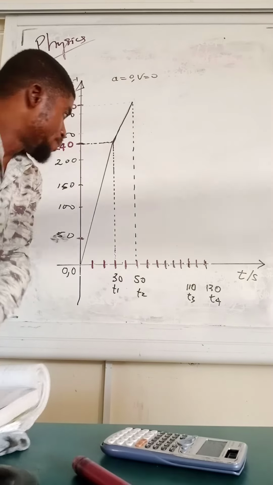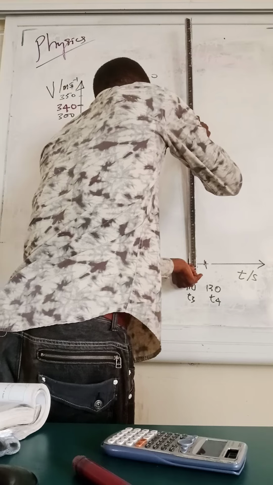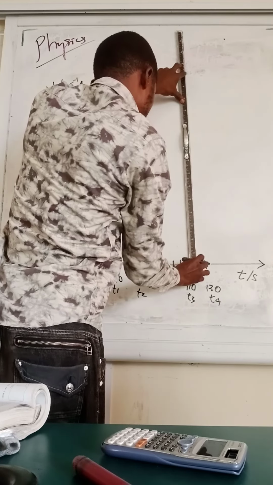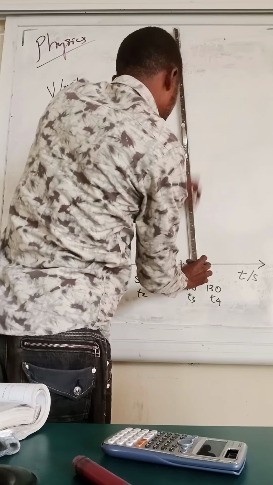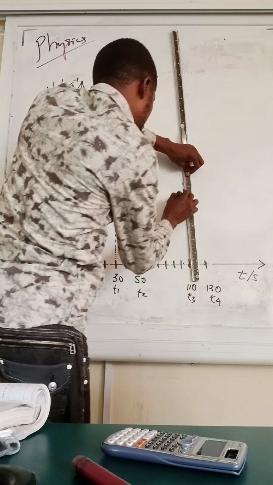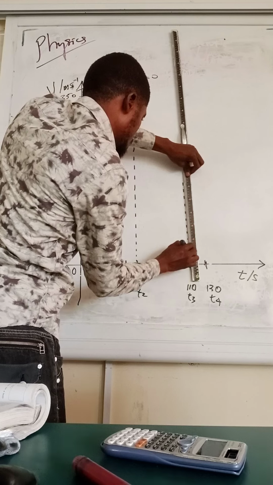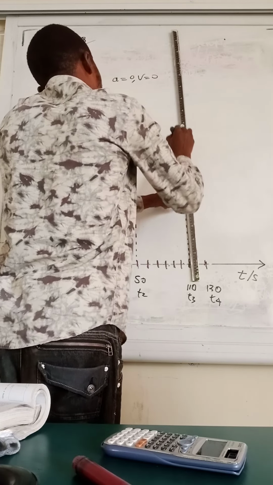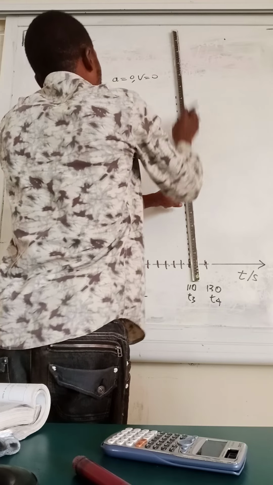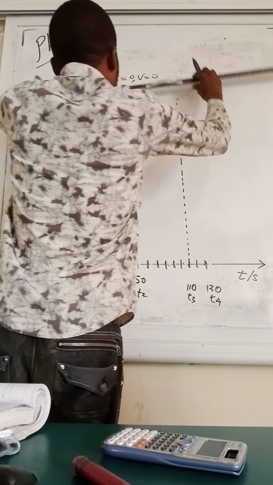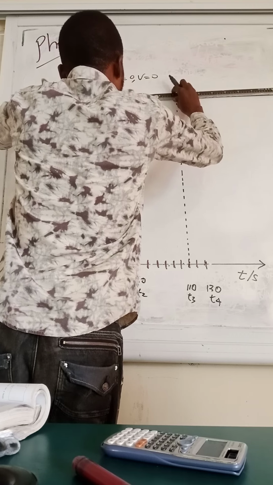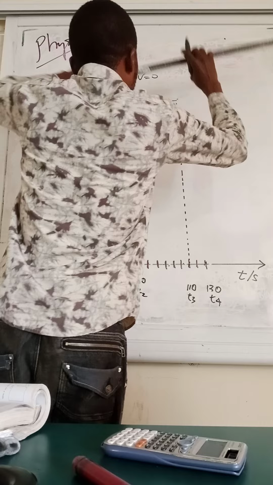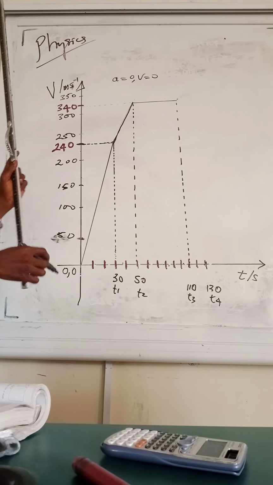So you put your ruler here again, and dot down, and dot up here. So this body maintains the speed for this. I see the shape.